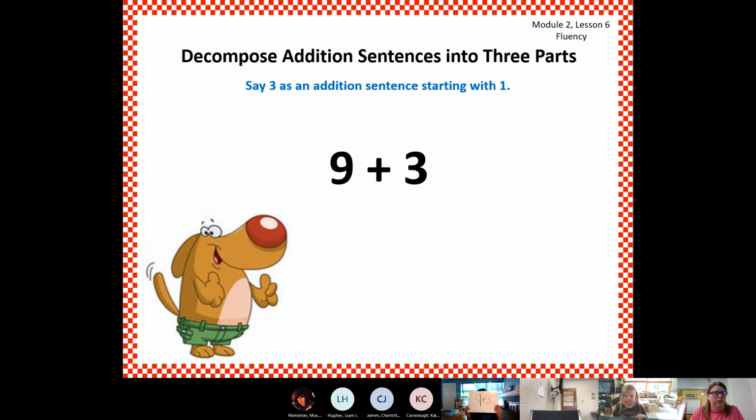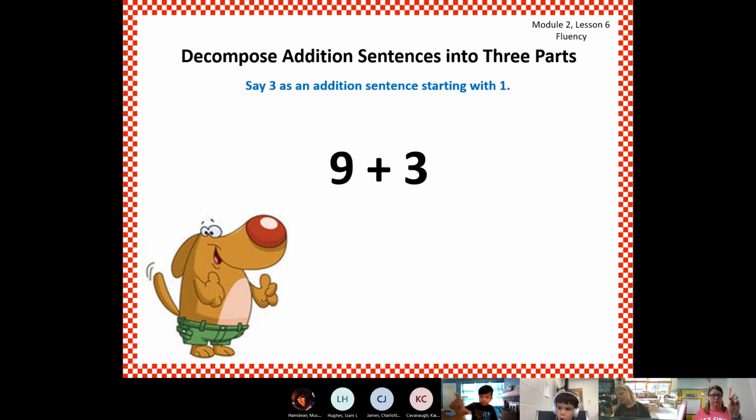So make a number bond with 3, with 1 being your part. Kind of like what you were doing yesterday for your problem set. All right. So your number bond would have been what? 1 and, show me with your fingers, what's the other part?